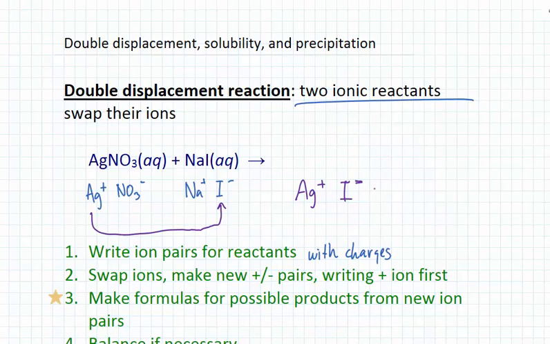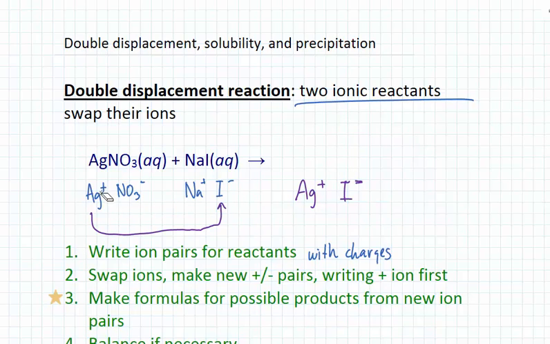A way of thinking of this is that when we have silver nitrate and sodium iodide, and when we pour them together, we get all four of these ions floating around in solution. And a possible way of making a product would be if they paired up in a different way. So silver is paired with nitrate originally, but it could be paired with iodide, if we think it that way.